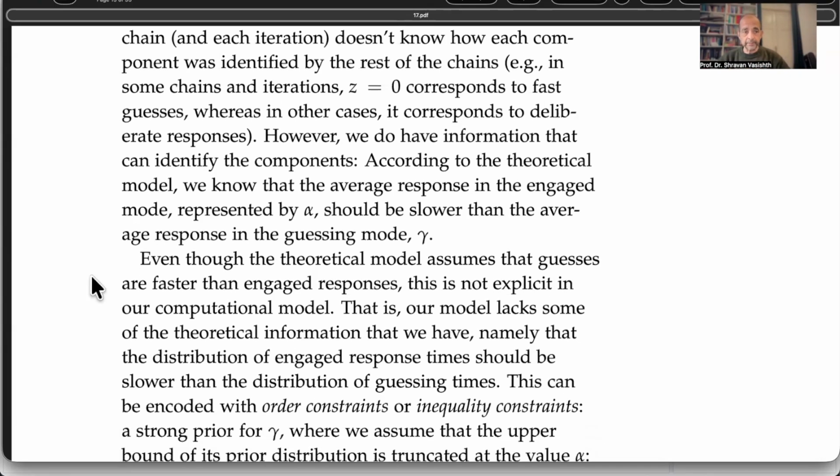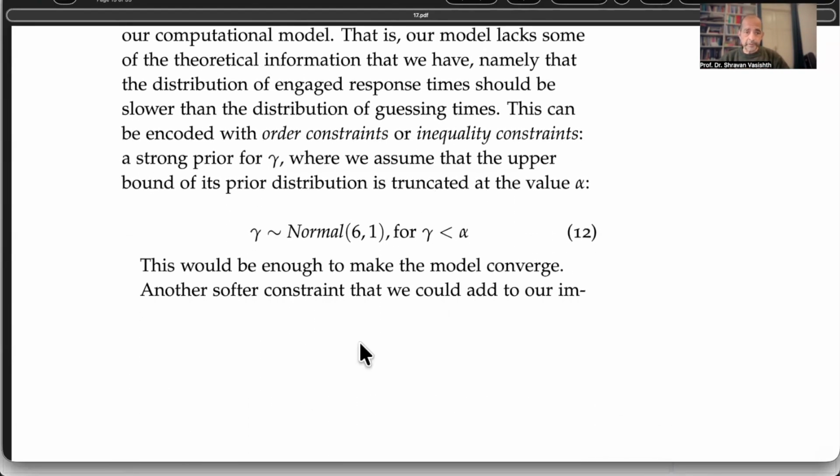So what we can do is constrain gamma to be below some value alpha. That means if you have a prior, let's say a normal 6, 1 prior on gamma, we're going to truncate it from above.